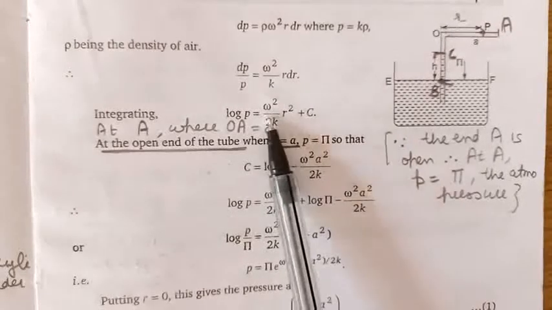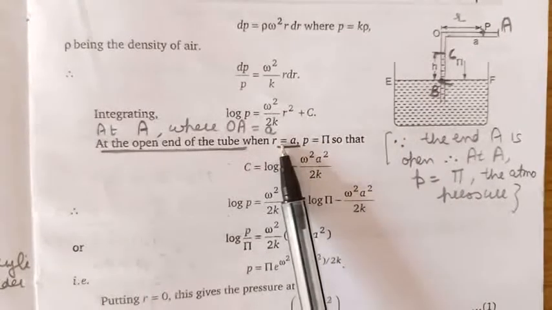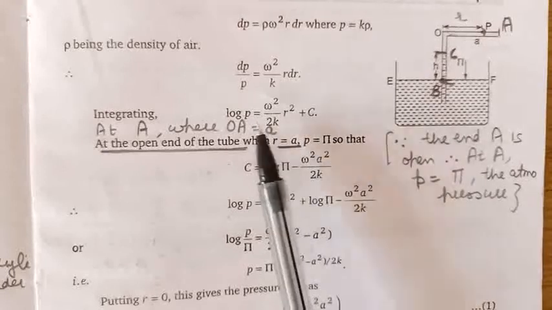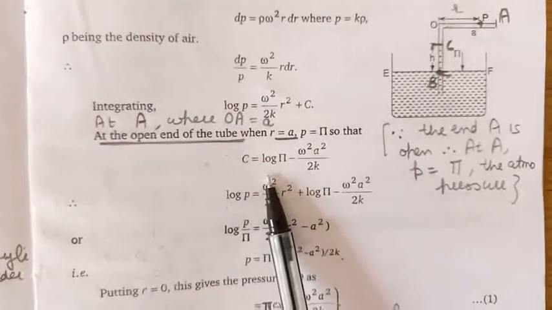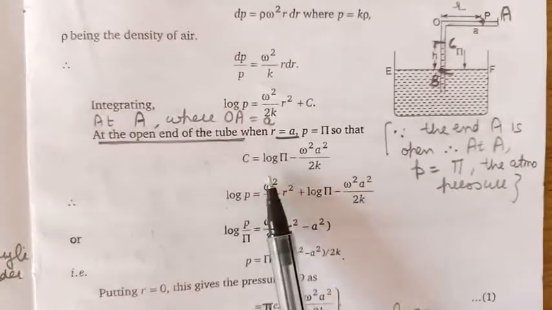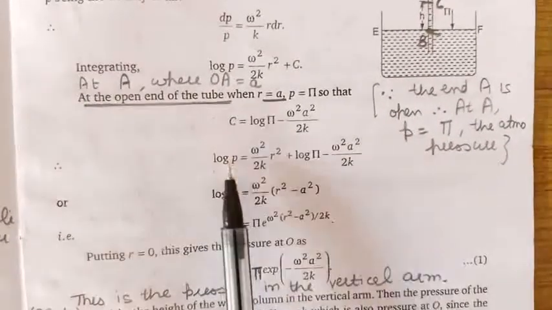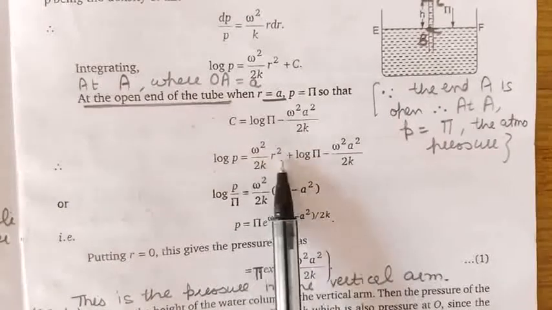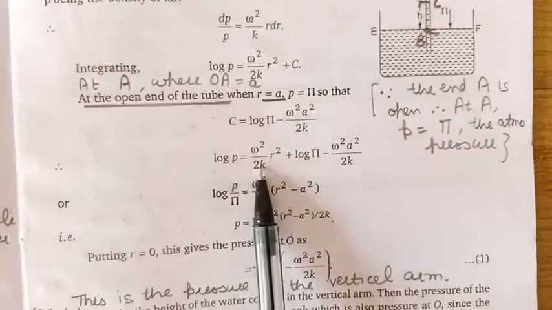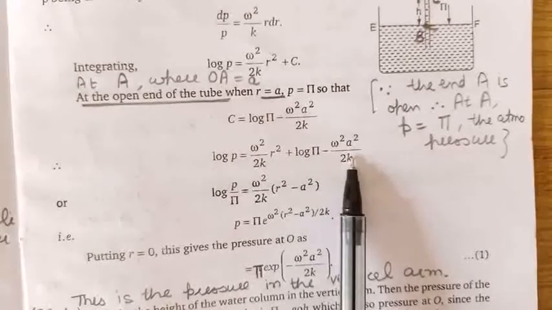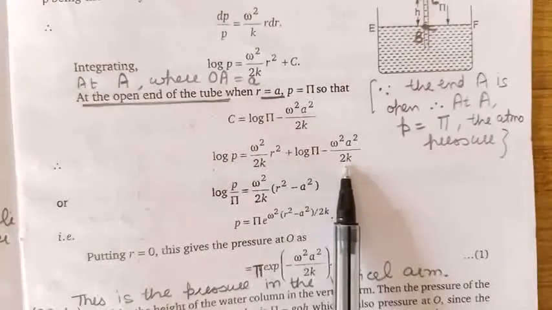So applying this condition here, means when r is a, value of pressure is atmospheric pressure. Putting here, we get the value of C. And again putting the value of C here, we get the equation log of P is equal to omega square r square upon 2K plus log of pi minus omega square a square upon 2K.